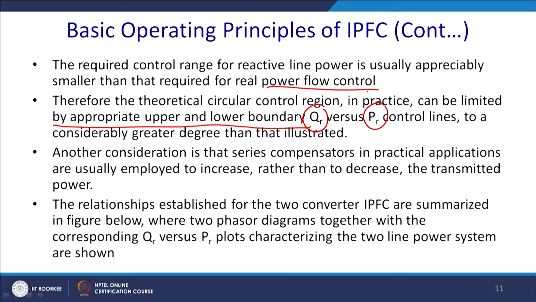So, another consideration is that series compensation in practical applications is usually employed to increase rather than decrease the transmitted power. In most cases, except for the fault, we require to increase the transmitted power.